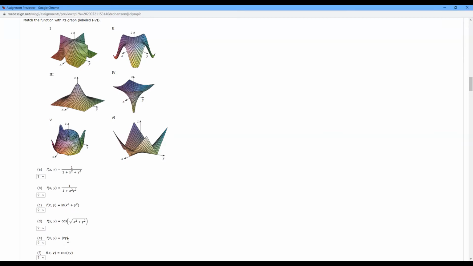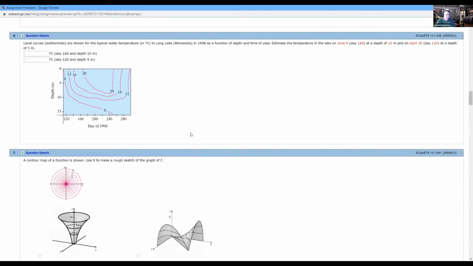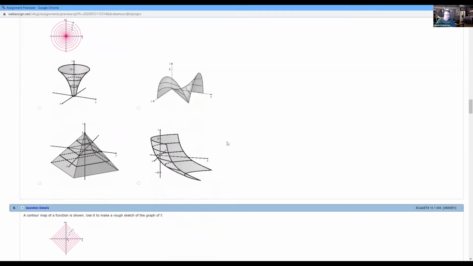If you take the point x comma y comma 0, 0, won't the z value be 0? So don't I want a point that is at the origin, right? At 0 comma 0 comma 0. And so because of that, I can kill this one, this one, this one, this one, this one. Oh, by a process of elimination, it had to be 6. Kind of cool. Yeah, kind of cool. Here are some contour map stories.